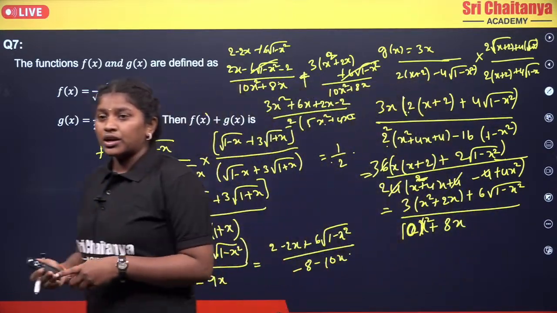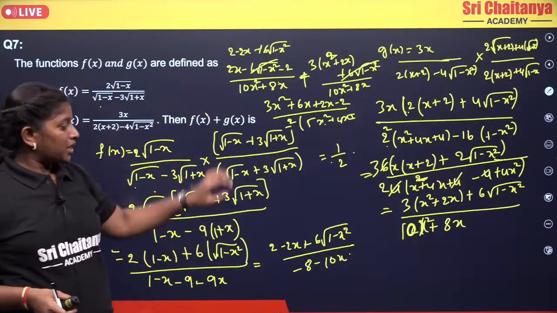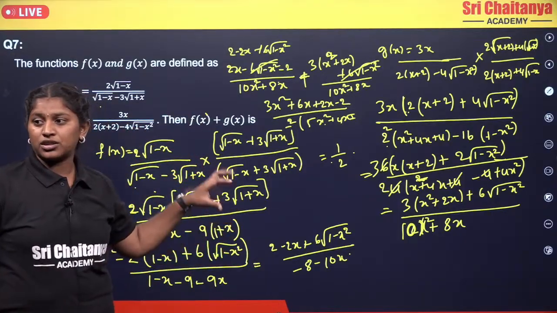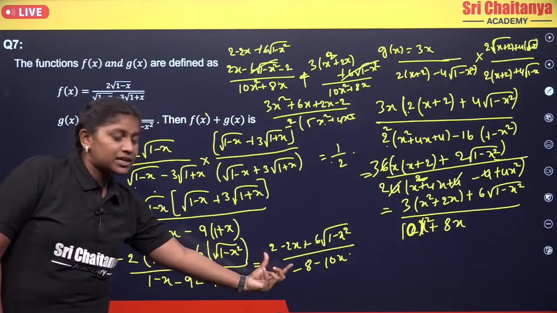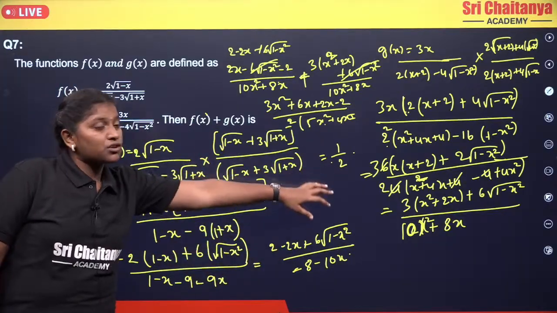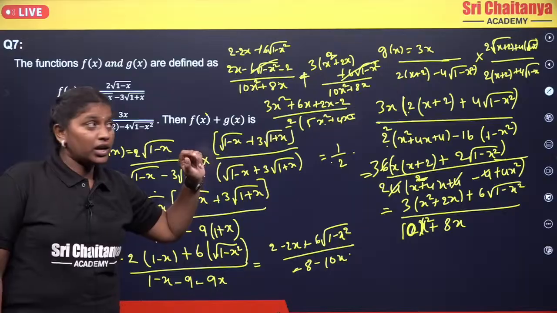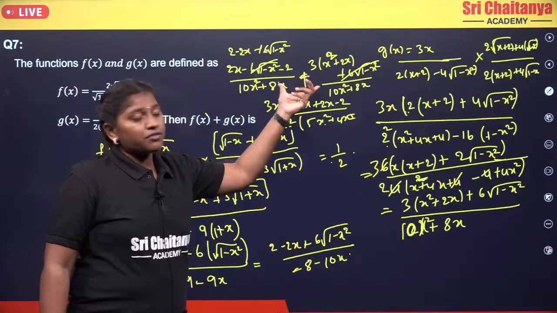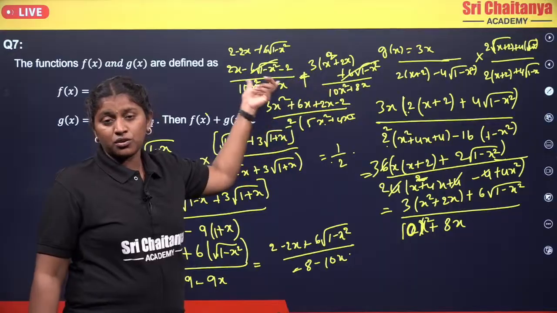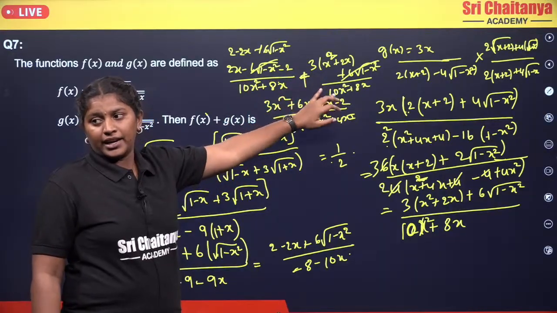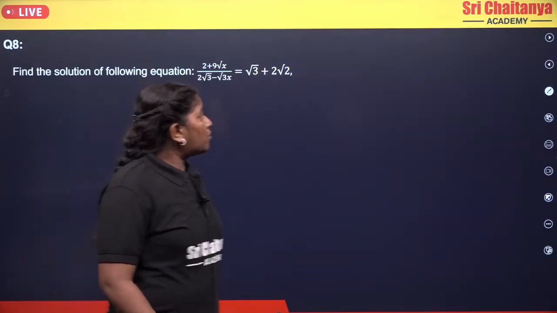Okay, so here I am not having place, so I am writing here, but after doing your rationalization, you will be getting your f of x in the simplified form and your g of x in the simplified form. Okay, now take those f of x and g of x. So here you will be getting your same denominators, which are 10x square plus 8x. Clear?